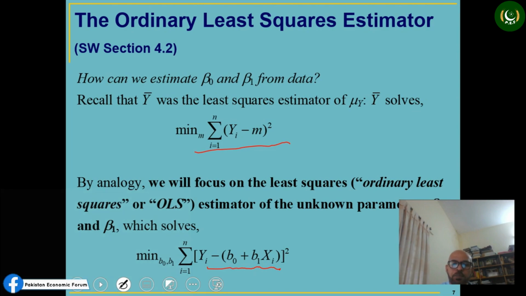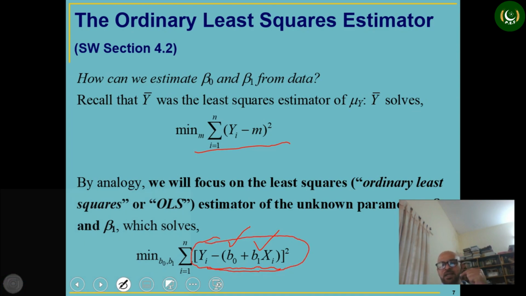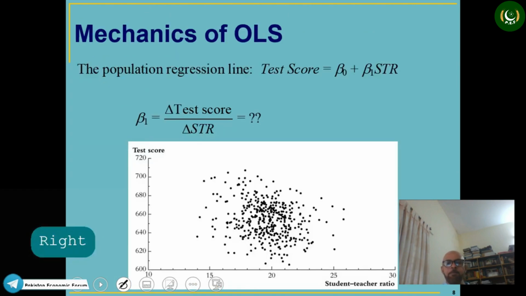So we try to pick those values of beta naught and beta 1 which make this sum of squares of residuals, sum of squares of errors, minimum. That is what has been discussed in slide number 3, concept of OLS. You can watch that video. I'll give the link in this video as well.